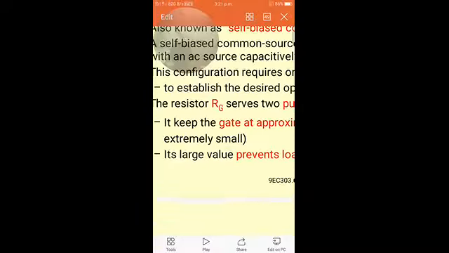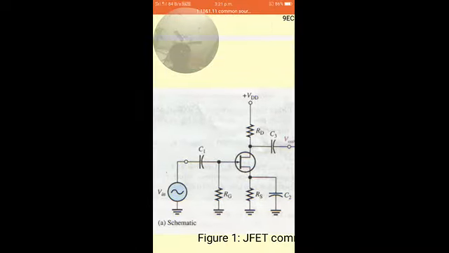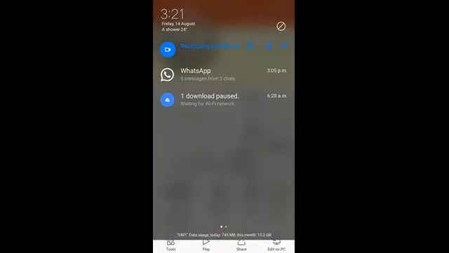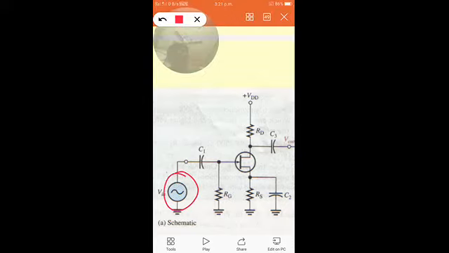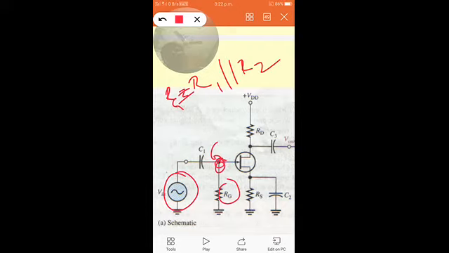This is the signal which is to be amplified, applied to the gate terminal, and this RG is the parallel combination of R1 and R2, and the voltage at this gate Vg is equal to VDD into R2 divided by R1 plus R2.